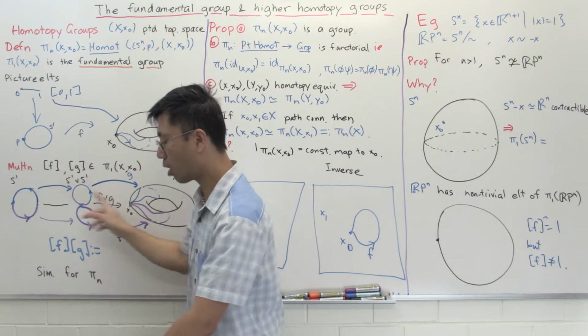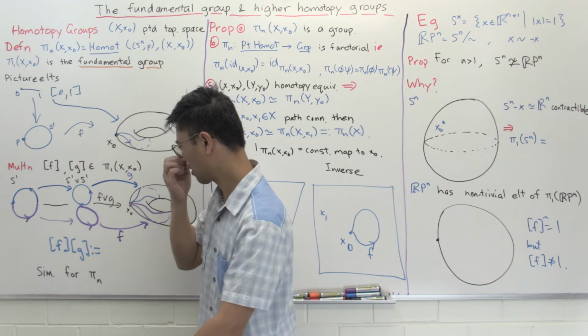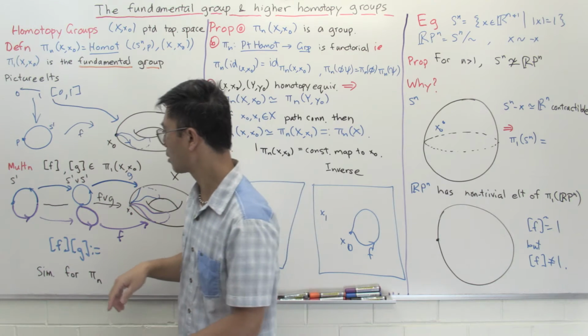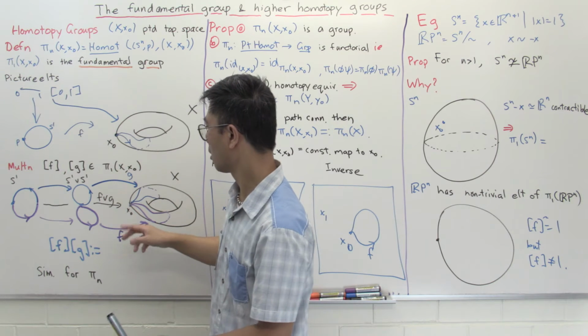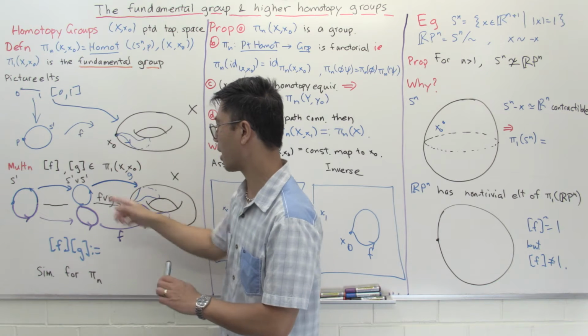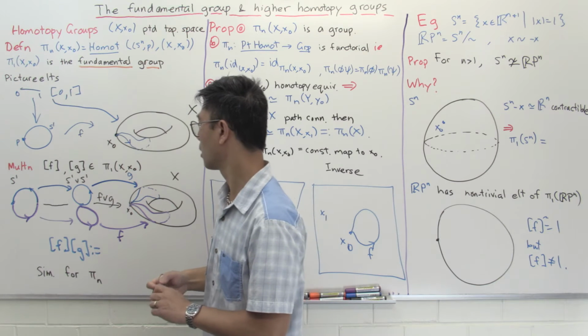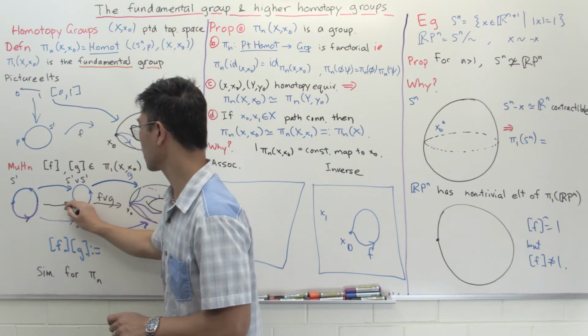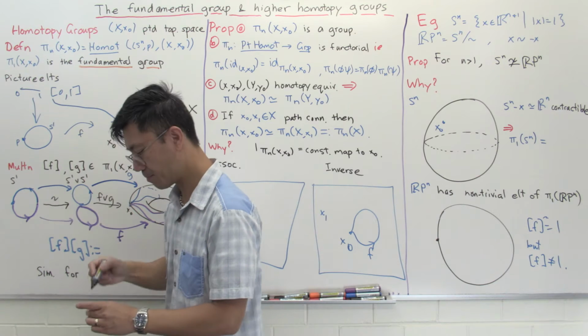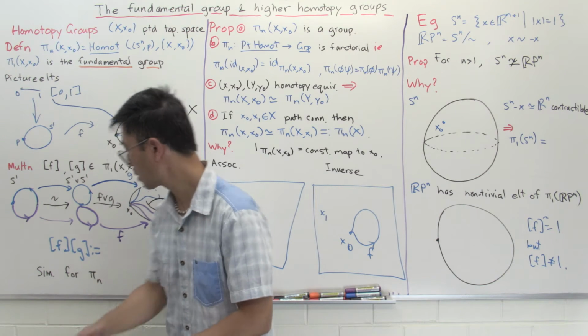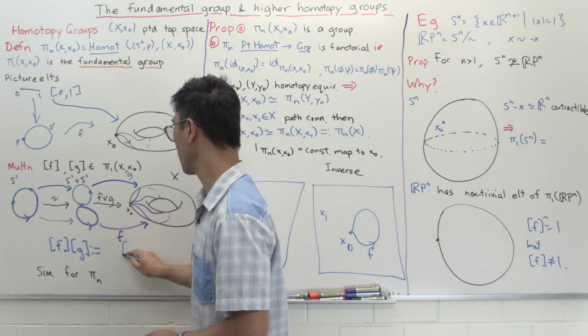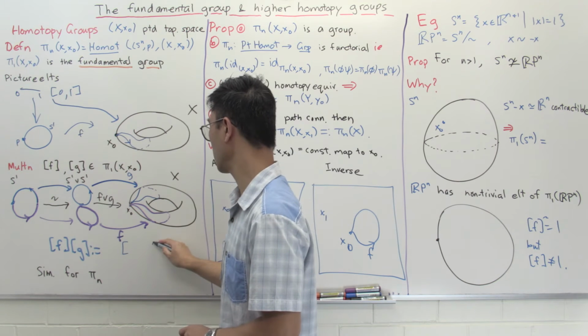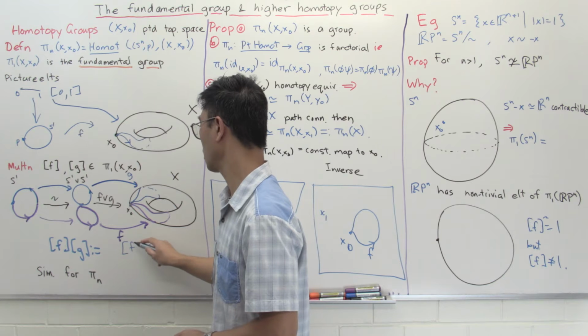Okay, that's the composite map. Let's give this map a name. Let's call it iota. And so this f composed with g is: you first do this iota, and then this f wedge g.